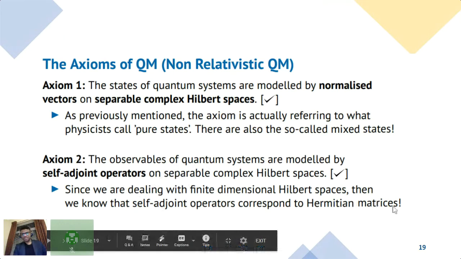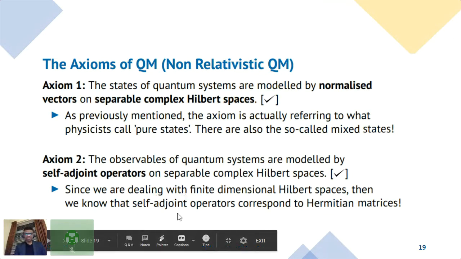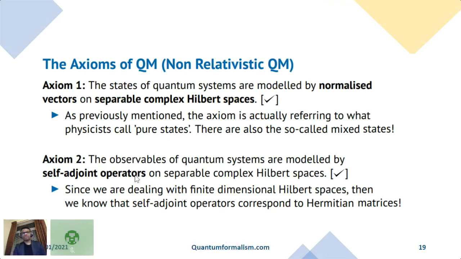So we know how the state is encoded, and now we know how the stuff that you measure, the observables, the physical quantities, are encoded. So far we are in the kinematic aspects of the theory. We will build on this next week. We will add another axiom to see how the state and this relate to each other.